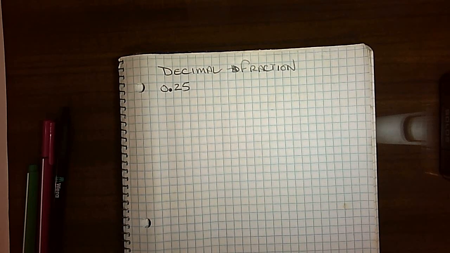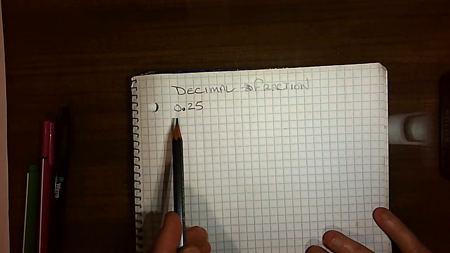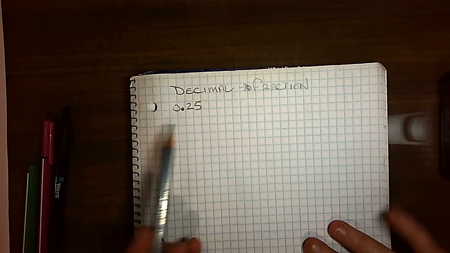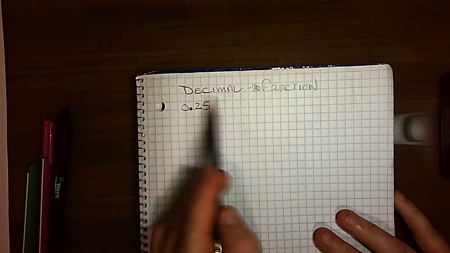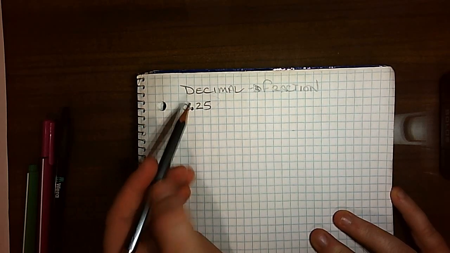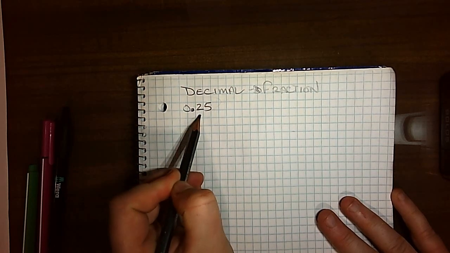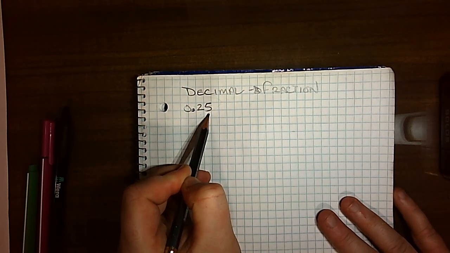All right, so this time we're going from a decimal into a fraction. Essentially, if we didn't already know that 0.25 was a quarter, the way that you would write this is, behind the decimal point I have 2 decimal places, right?